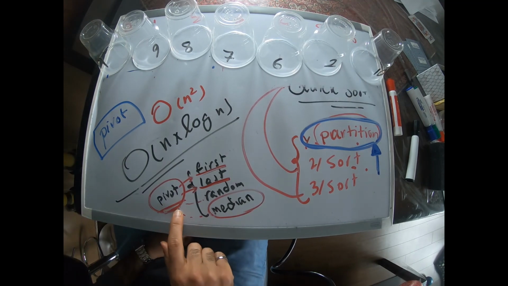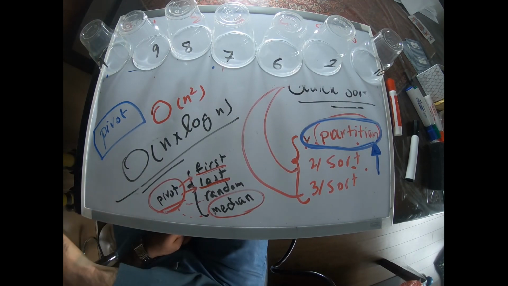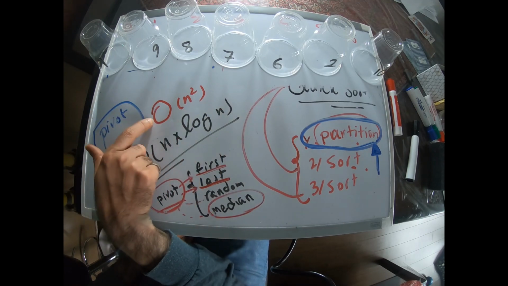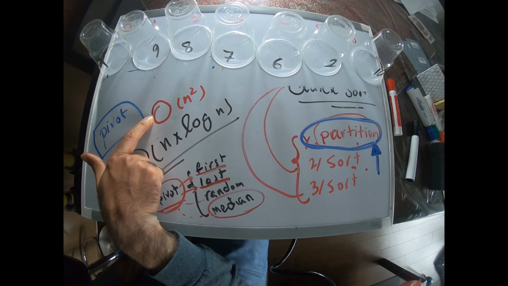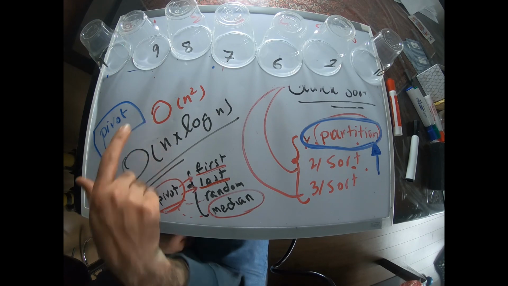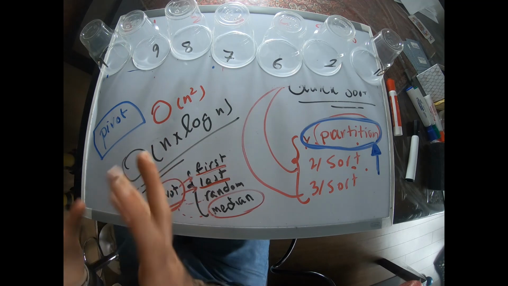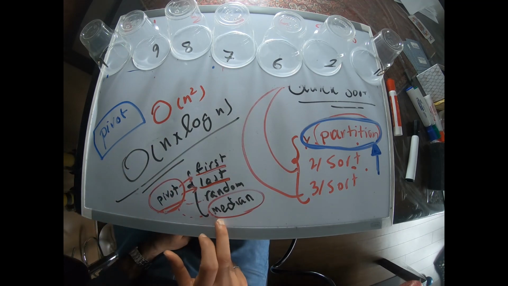So that's why, like I said, in the case that your array is reversely ordered, if you choose the last element as the pivot, this is actually gonna be big O notation n squared. So in most implementations, you either choose it randomly to mix it up, or you can find the median.